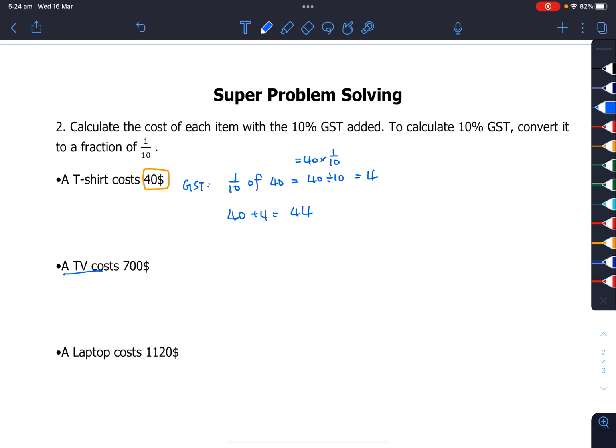A TV cost $700, so the GST will be 1/10 of 700, so equal to 700 divided by 10 should be 70. Then it will cost you 700 plus 70, so equal to 770.